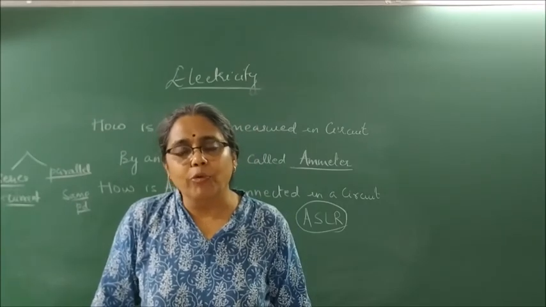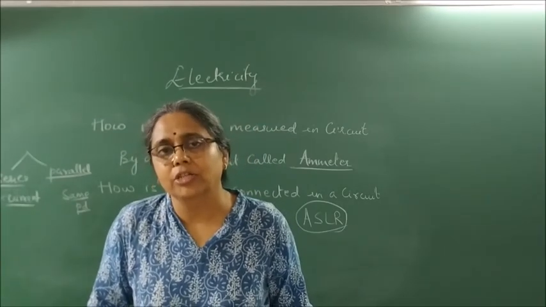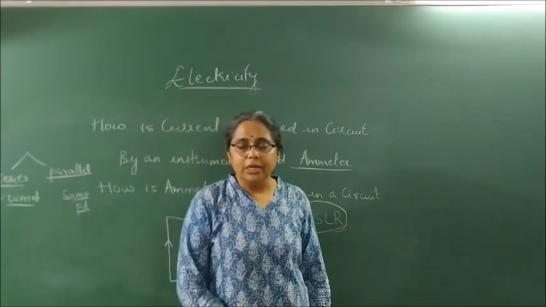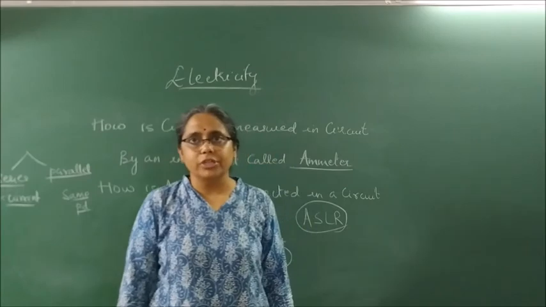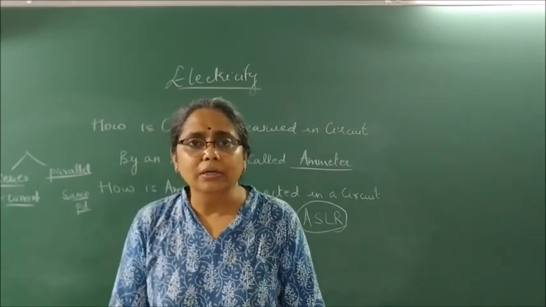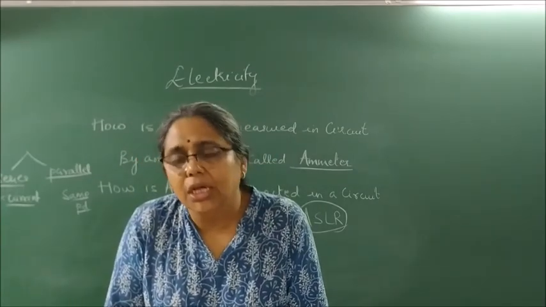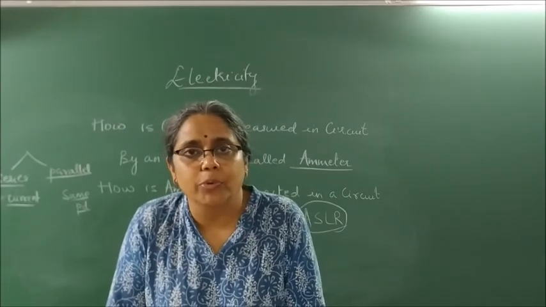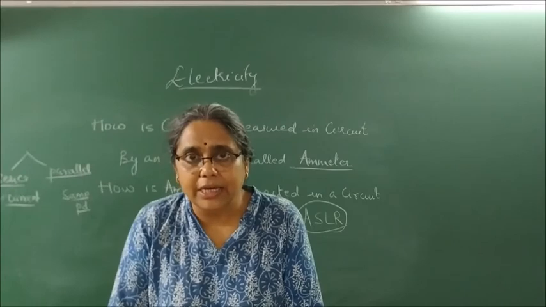Dynamic charges or moving charges are studied under a separate branch of physics called current electricity. We studied the two ways to produce charges: when you rub a glass rod with silk, the glass acquires a positive charge, and when an ebonite rod is rubbed with wool, it acquires a negative charge.